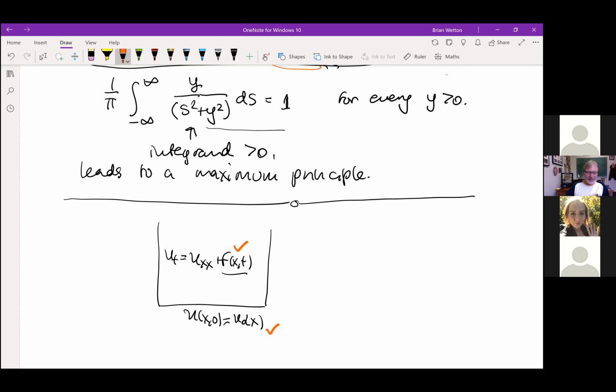We can set f equal to 0 and solve the initial value problem, and then we can set u0 equal to 0 and solve with the interior forcing, and we can add them up, right? The beauty of a linear problem.